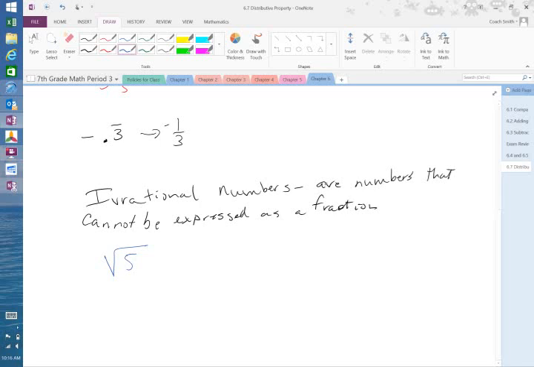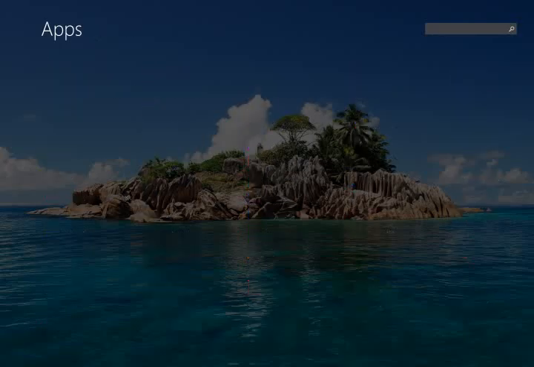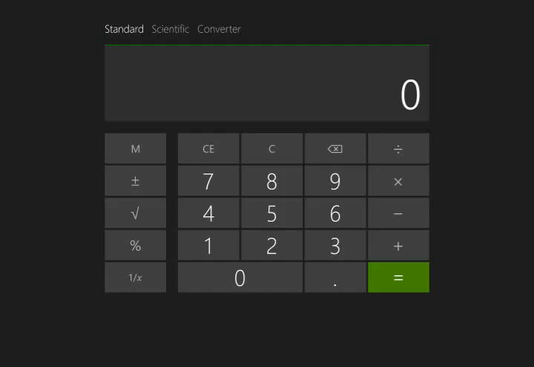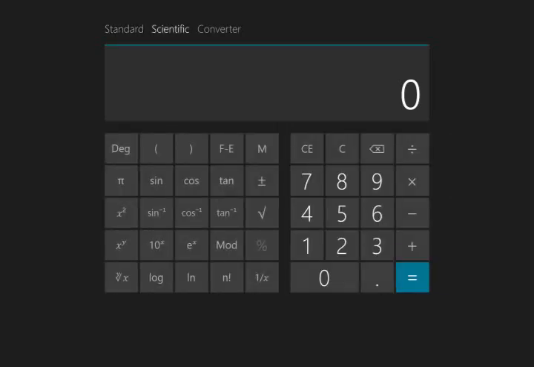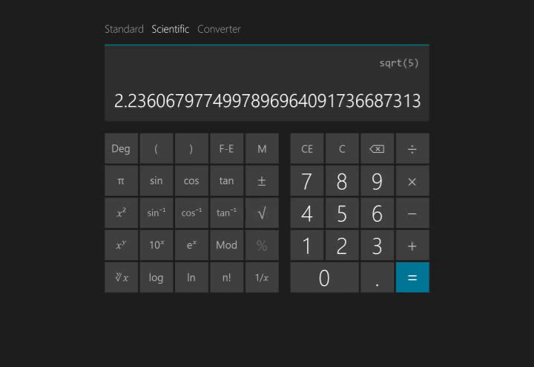If we figure the square root of 5, it will just keep going. The square root of 5 just keeps going, and it doesn't repeat. Obviously, it repeats digits like the 6, but it's not repeated in the same spot or with the same set of numbers.